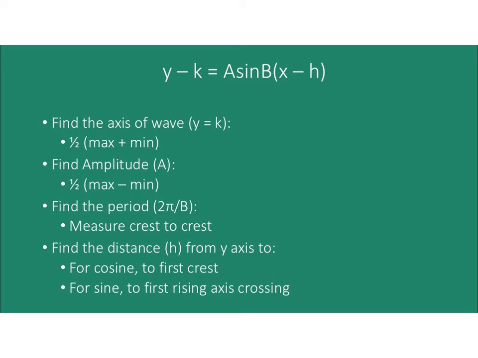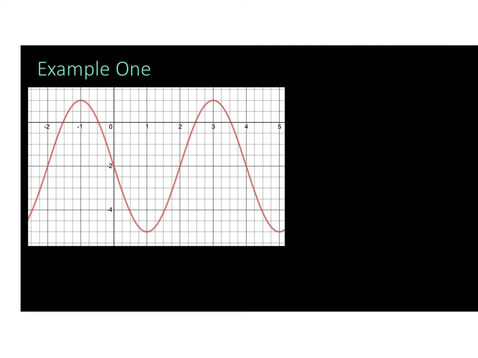Don't forget to write these different steps down in your notes and take detailed notes on the next 3 examples. Here's our first example, and it's very important that you have this graph in your notes. Please make sure that you have some of the points labeled, such as (-1, 1), (0, -2), (1, -5), right?